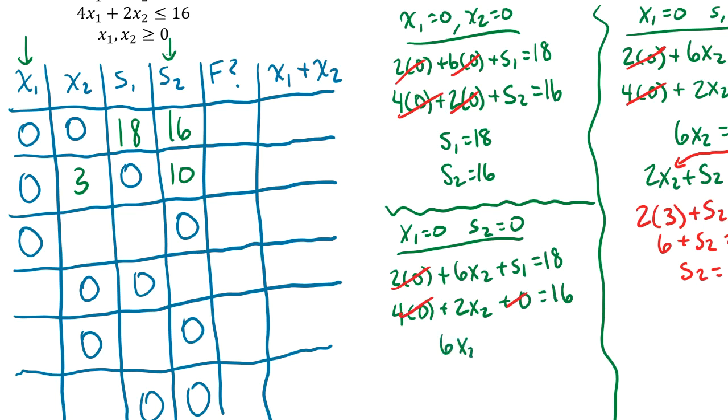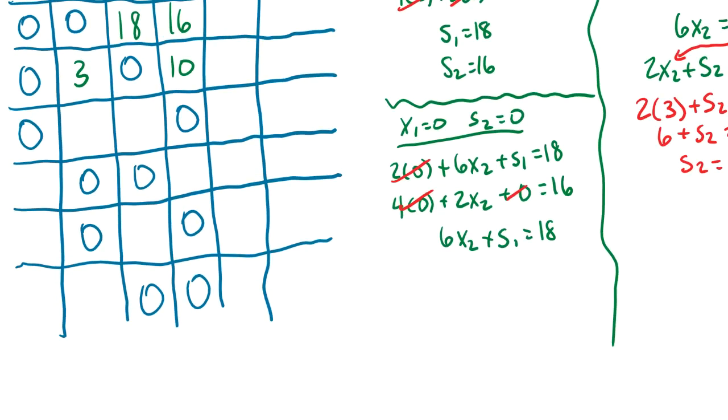We now have 6x2 plus s1 equals 18, and 2x2 equals 16. The bottom one's the easy one to solve. We can just divide by 2 and get x2 equals 8.